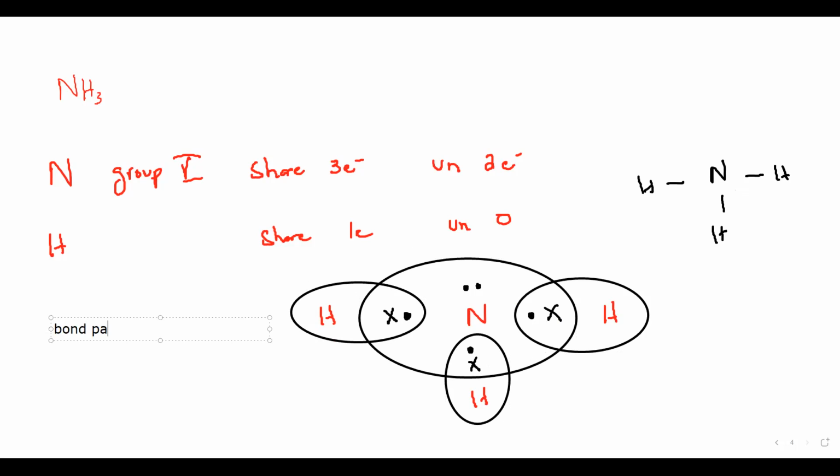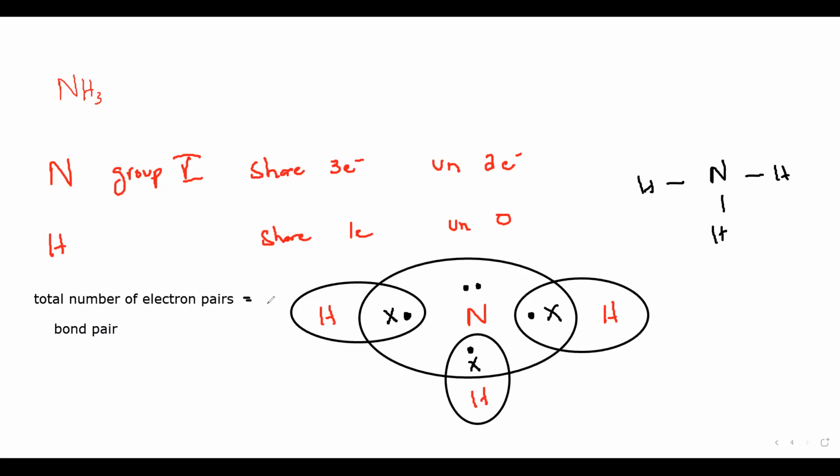So how many bond pairs are there? The total number of electron pairs is equal to 4.